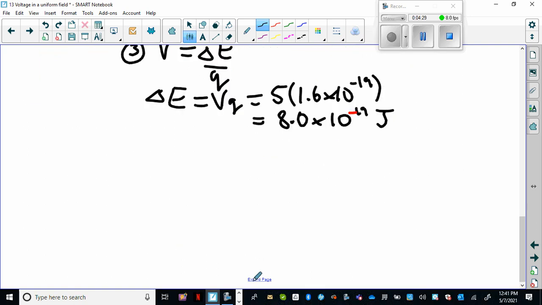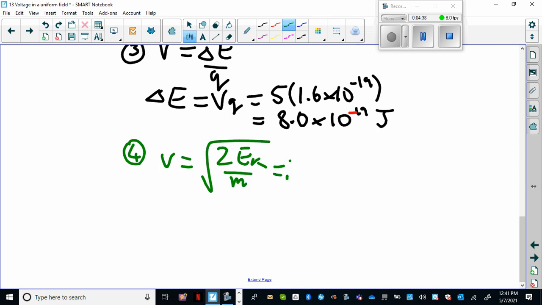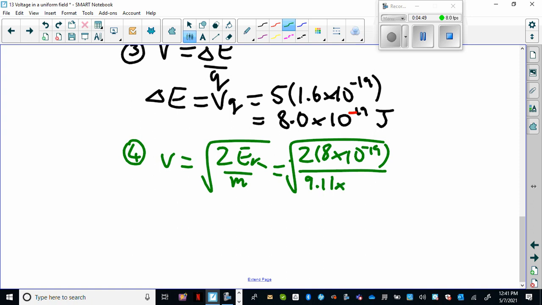And then in the fourth step, you can just calculate the velocity using our velocity formula, the square root of 2 times the gain in kinetic energy divided by the mass. It's an electron, so the mass is 9.11 times 10 to the negative 31, and that's going to give you a velocity of 1.3 times 10 to the 6th meters per second.